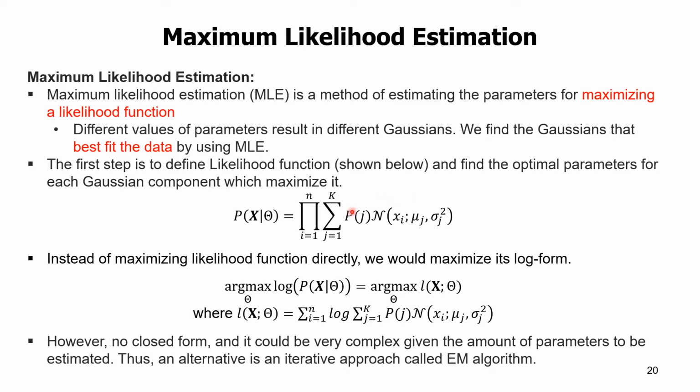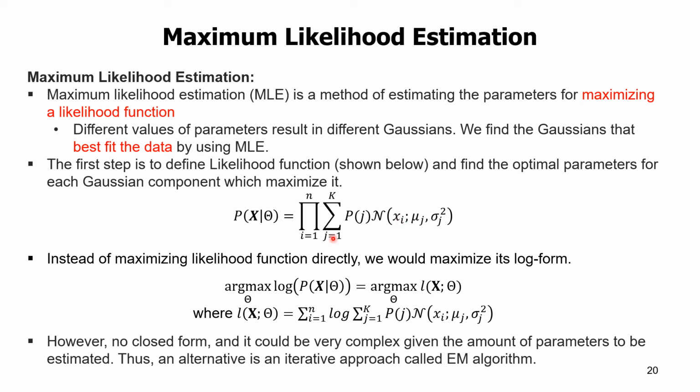Because there are n data, that's why we have these n multiplications, and this one here is the probability that one data xi is generated.